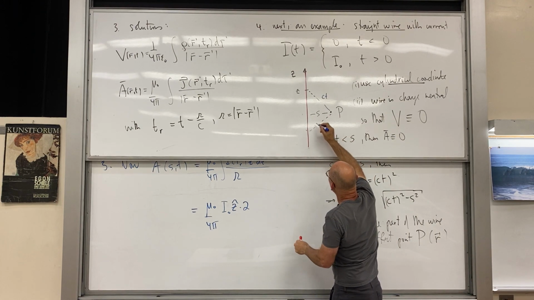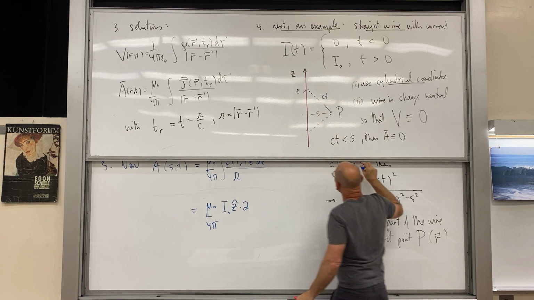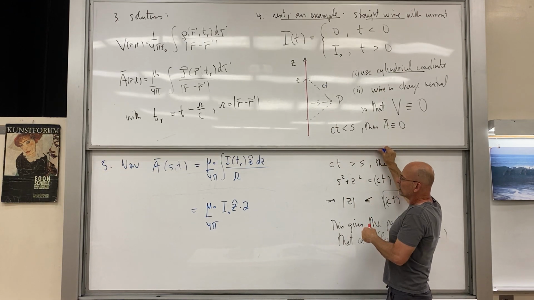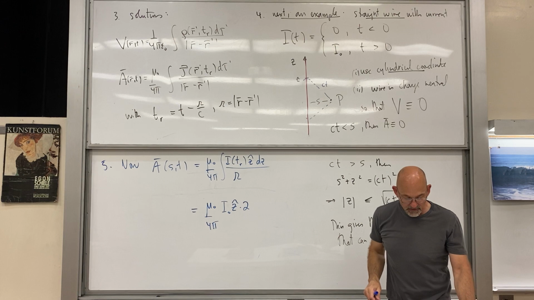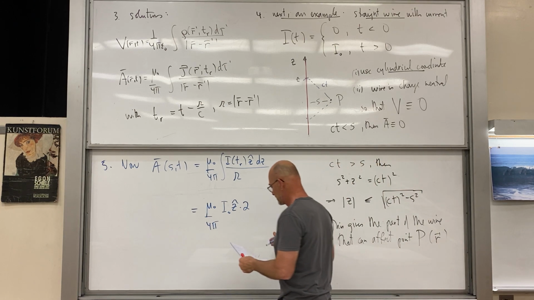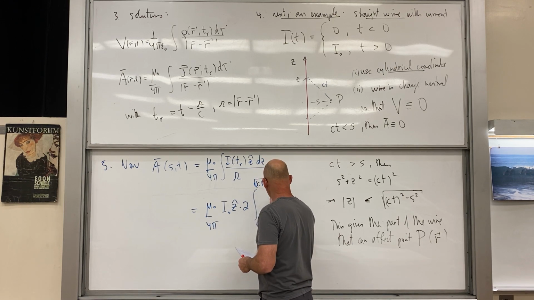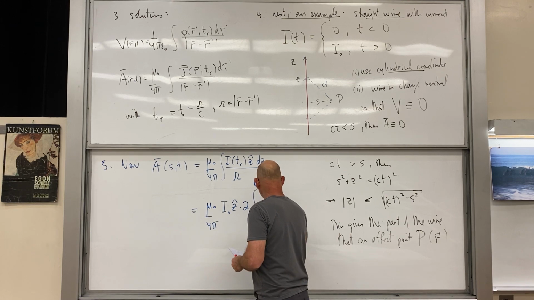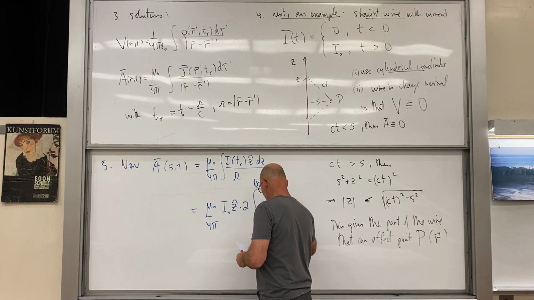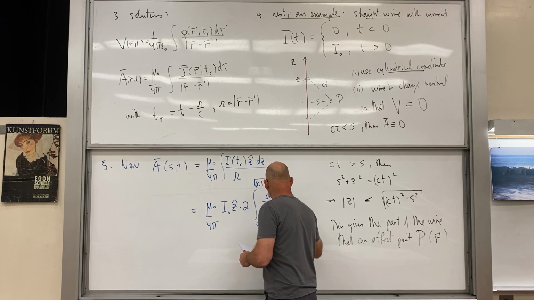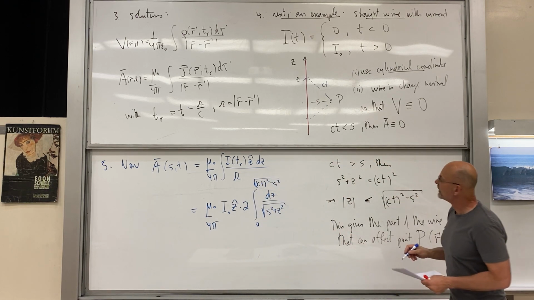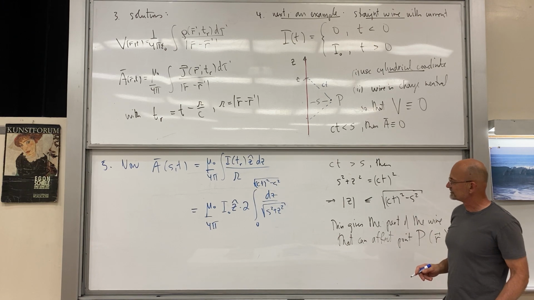So we'll take a 2 and go from 0 to the upper bound. So we've got a 2, we've got 0 to root ct squared minus s squared, and we've got dz over root s squared plus z squared. Straight off the construction.